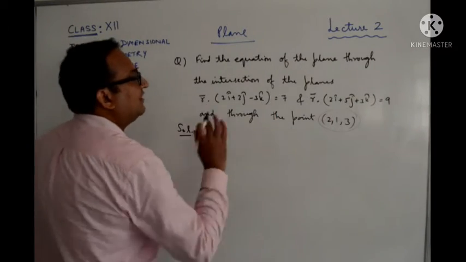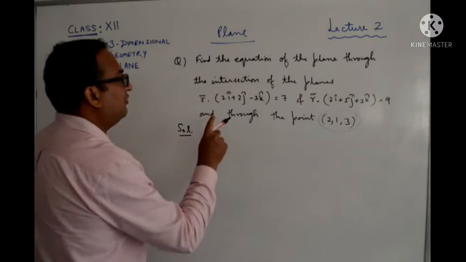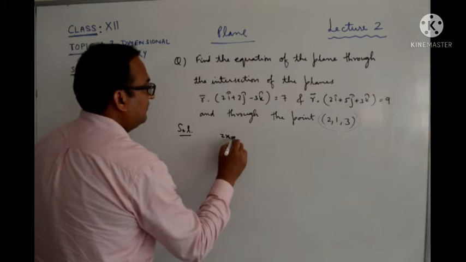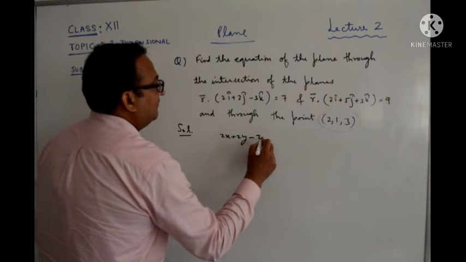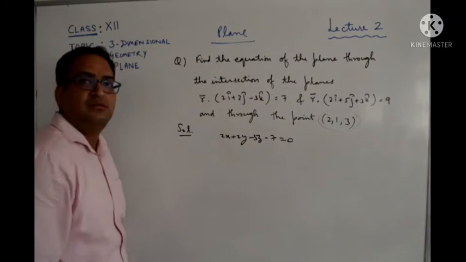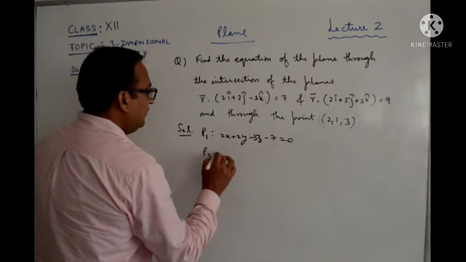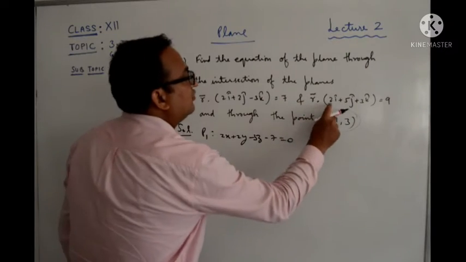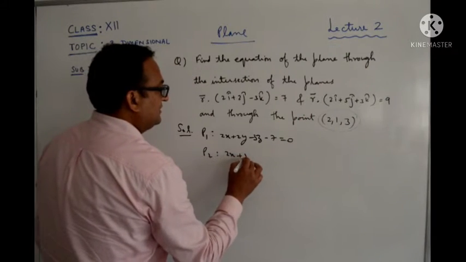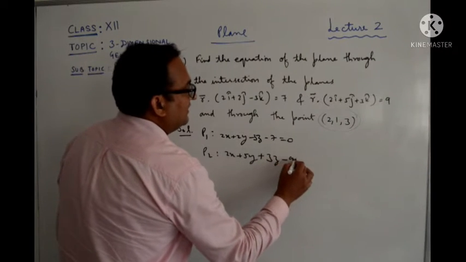So we can easily convert the equation of the plane from vector form to Cartesian form. So it will be 2x plus 2y minus 3z minus 7 equal to 0. This is the equation of the first plane in Cartesian form, P1, and the equation of plane 2 is going to be 2x plus 5y plus 3z minus 9 equal to 0.